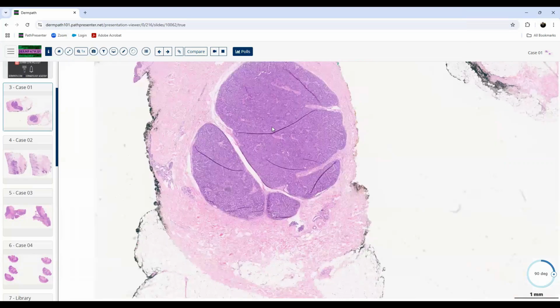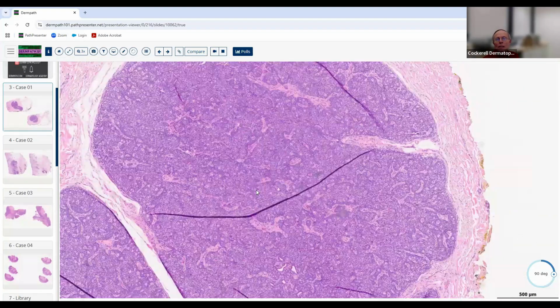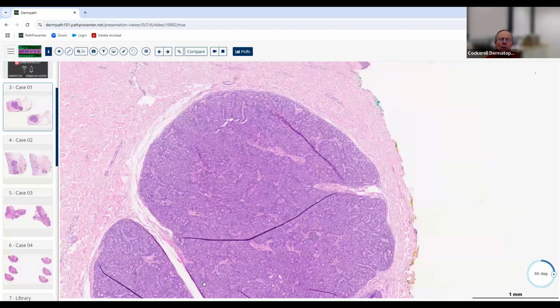Now, the other interesting thing, if you read up on this, is that it's in the family of other entities where you get a lot of lymphocytes plus epithelium. Ron Barr, a really good dermatologist out of UC Irvine, wrote about this a long time ago. He talked about dermal thymus tissue.